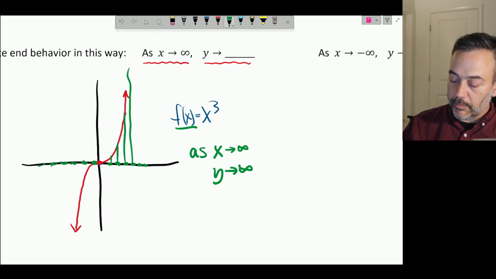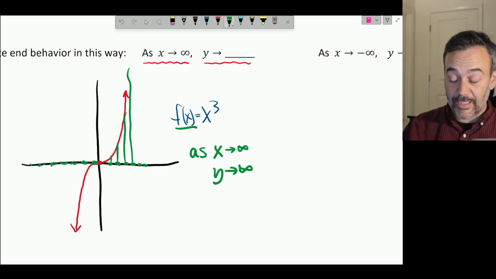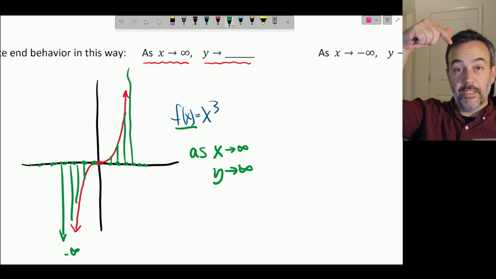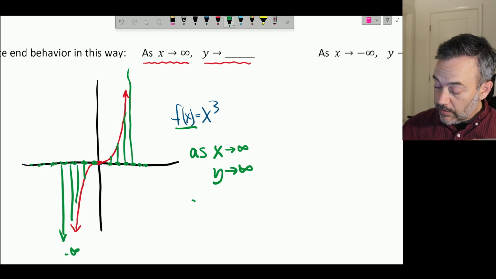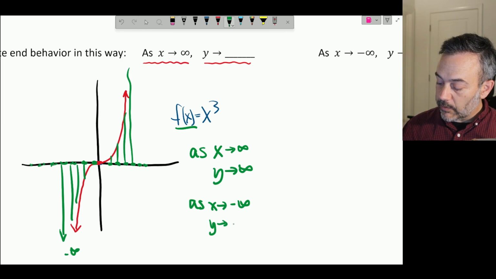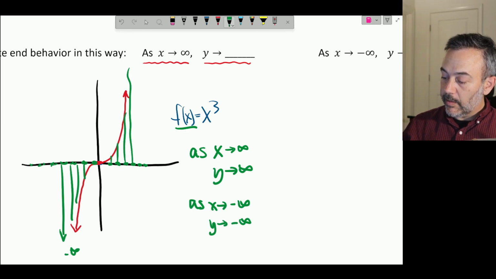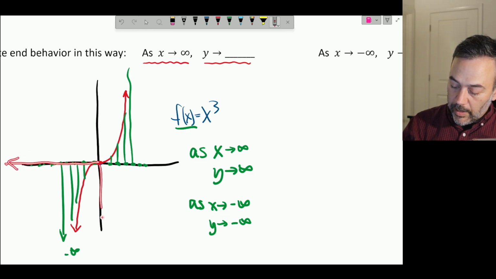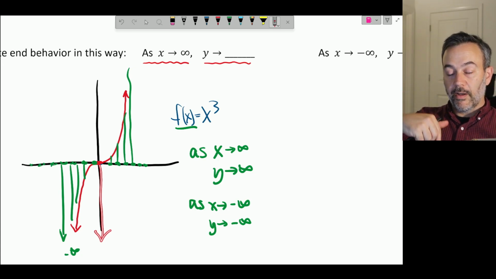So we're plugging in larger negative numbers, larger in size, where it's getting more negative. And what's happening to the output? It's going closer to negative infinity because the graph is going down. So as x goes to negative infinity, y goes to negative infinity, because the graph goes down on the left.